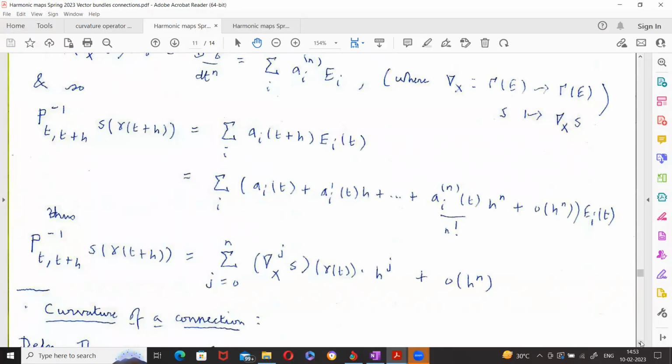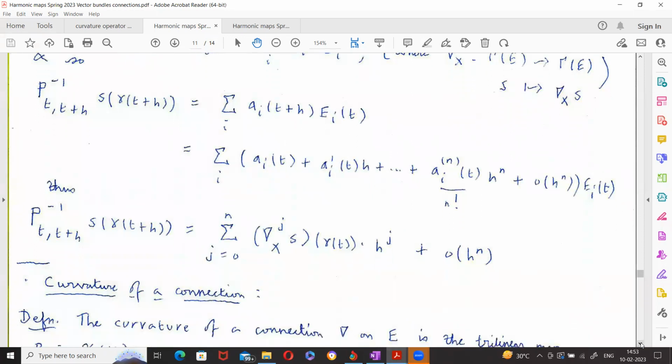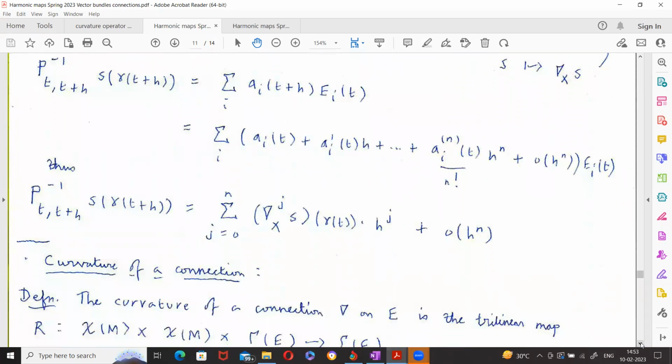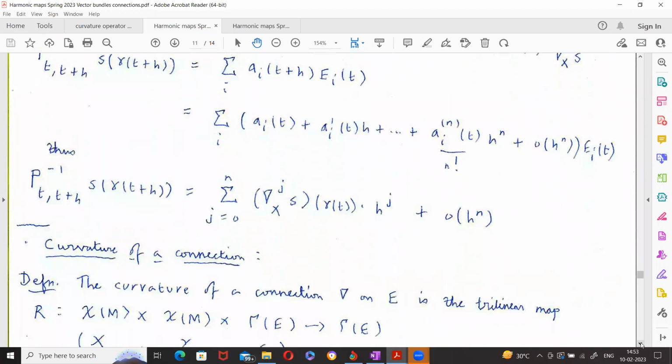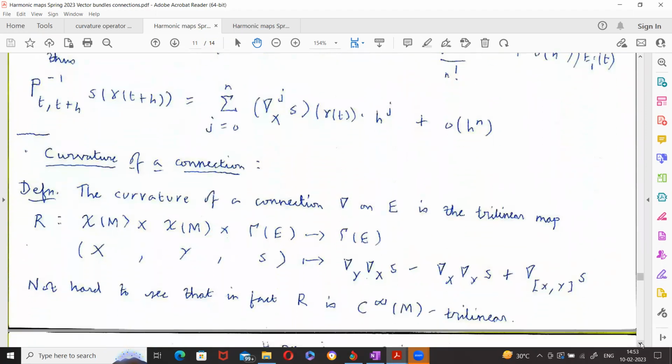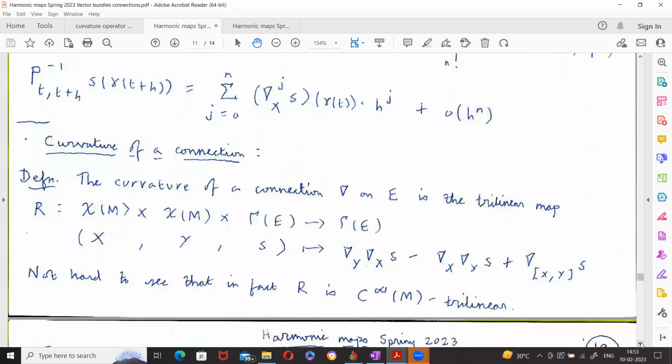Fine. So now we come to what's called the curvature of a connection. So the curvature is going to measure the failure of covariant derivatives to commute. Okay. So what is the curvature of a connection nabla on E?